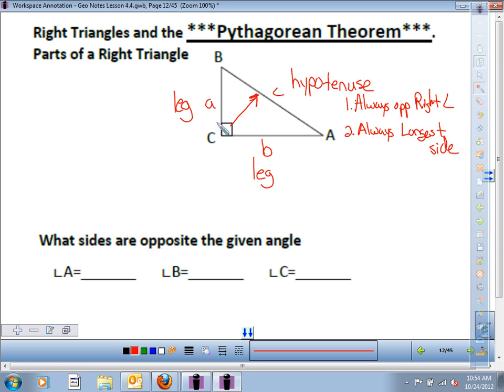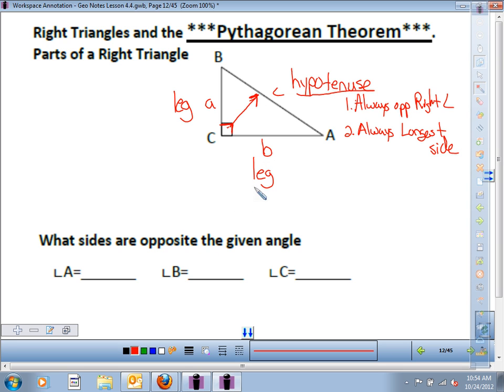Mainly because one of the things we're going to do later on in this chapter is, if this is my right angle, this is actually the largest angle in that right triangle. This one would be acute, and this one would be acute. So that's my largest angle, so that's the longest side opposite of my largest angle. So we need to know how to find that hypotenuse and which one it is. Remember that hypotenuse is always the longest side, kind of a way we'll quickly check ourselves.